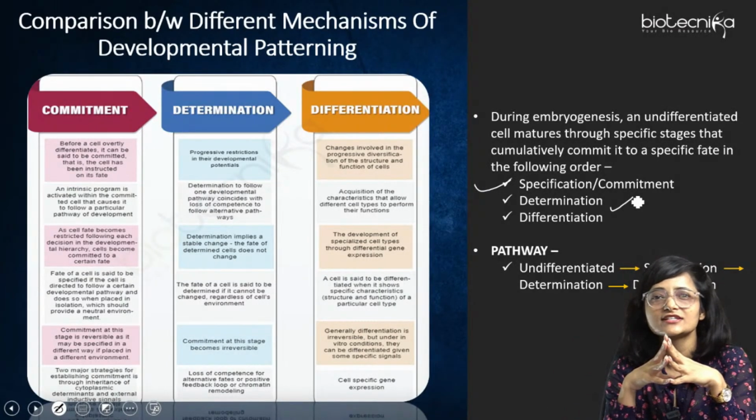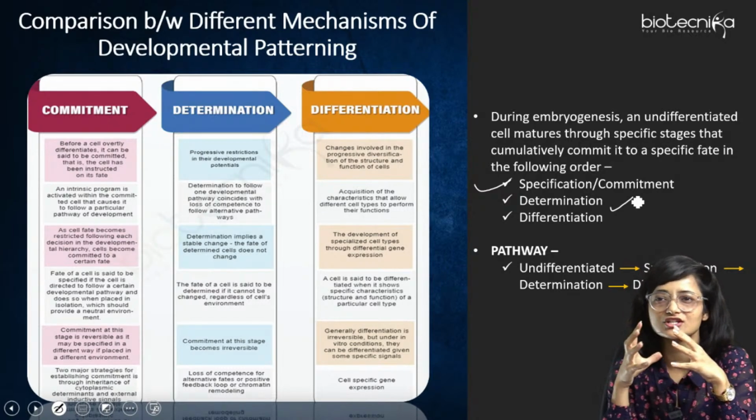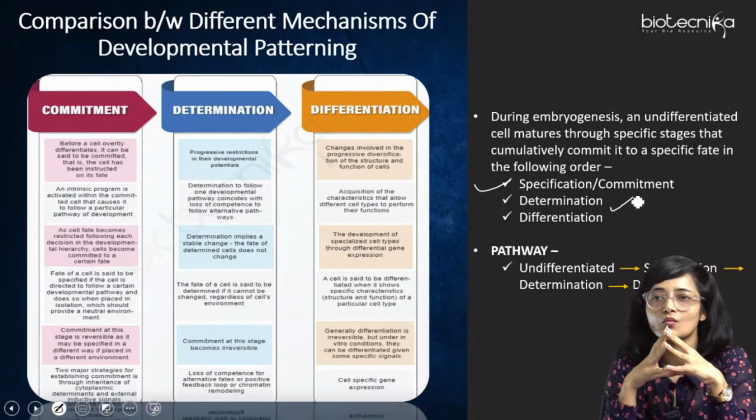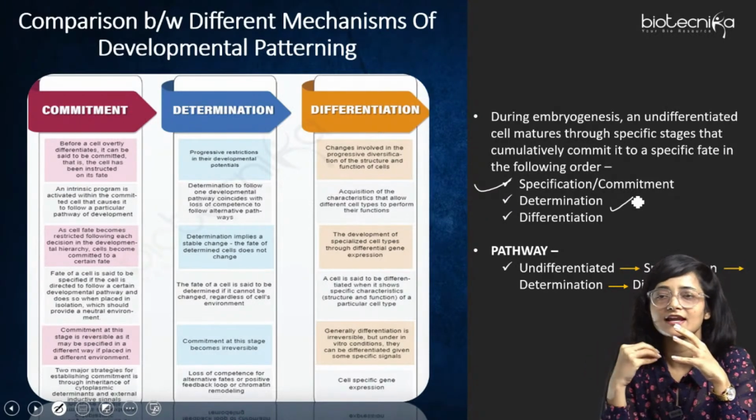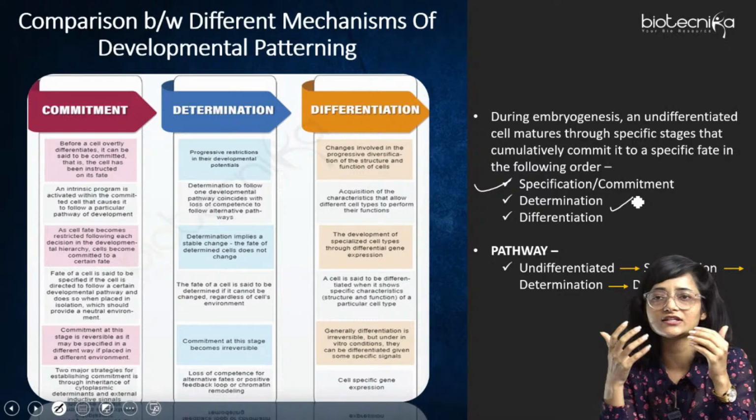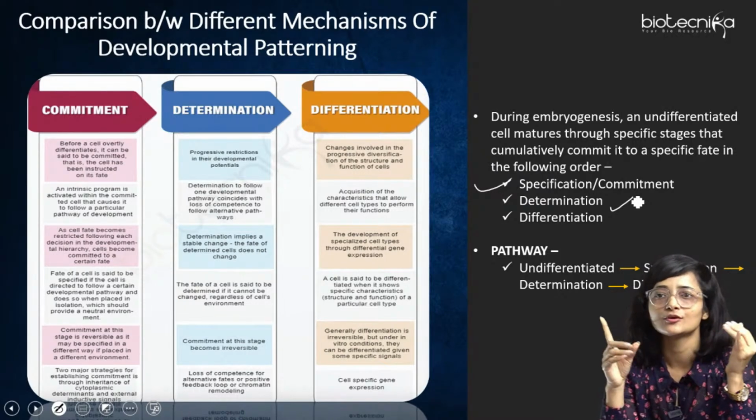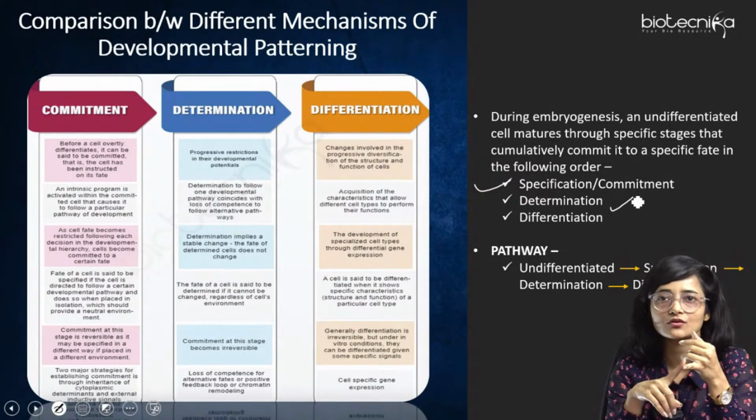The development of the specified cell types happens through different gene expression. So gene expression here plays a role. Once the gene is expressing for the production of the muscle cell, it will only produce the muscle cell. So all of these things play a role here. The proteins and their functions play a role, right?